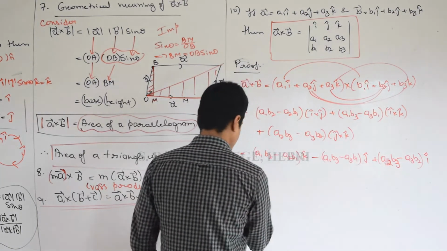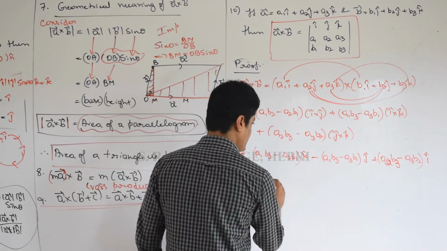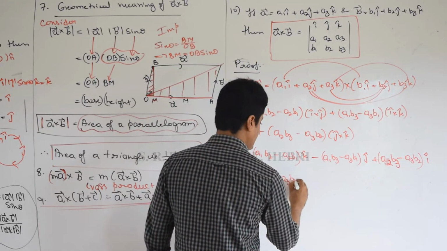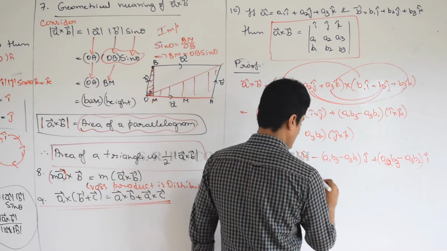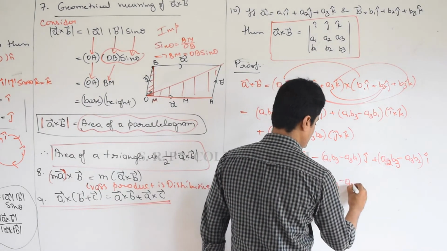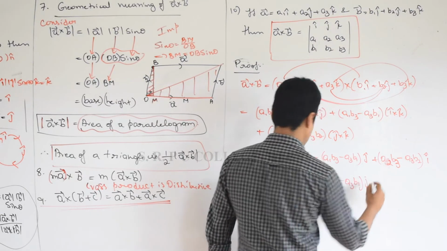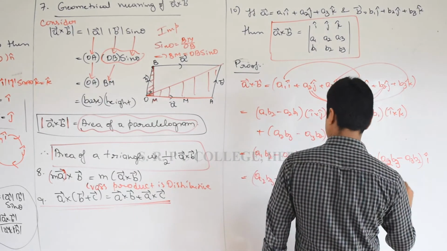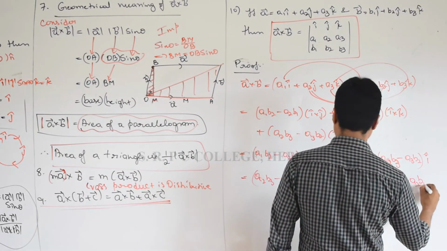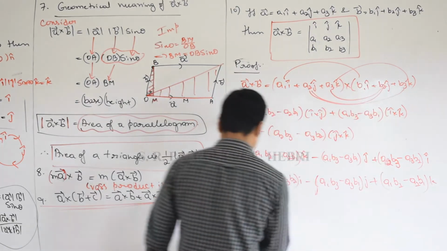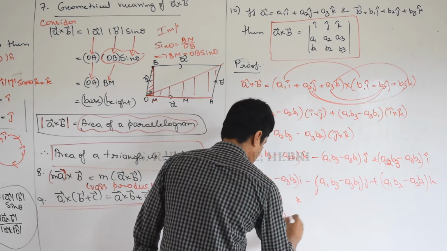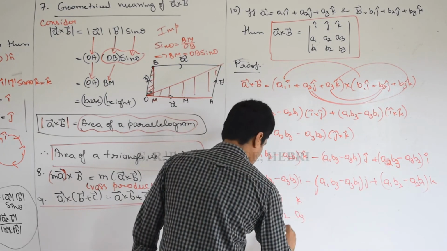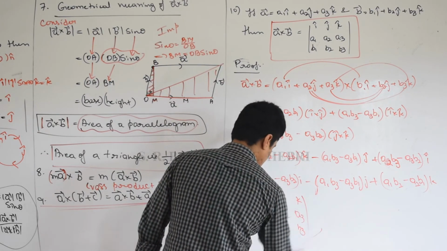So I'll write this first term here, a2 b3 minus a3 b2 into i. I'll keep the second term as it is, a1 b3 minus a3 b1 into j, plus the last term in the last position. The first term I'll write in the last position, and you can check this is nothing but the determinant of i j k, a1 a2 a3, b1 b2 b3. So this will be the answer.